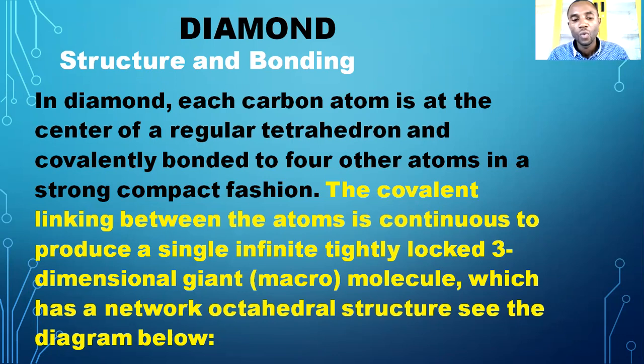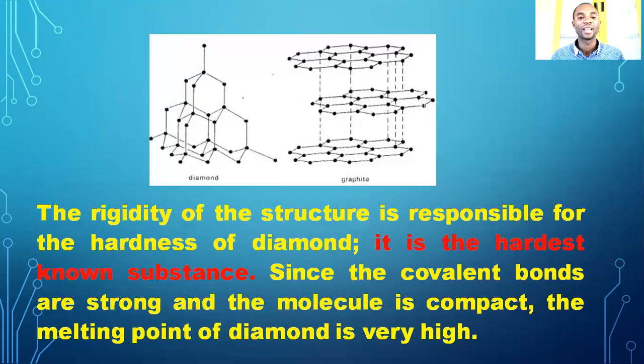We call the shape of diamond an octahedral structure. Look at it. Each carbon atom is fixed with 4 other carbon atoms linking to it and tightly held.